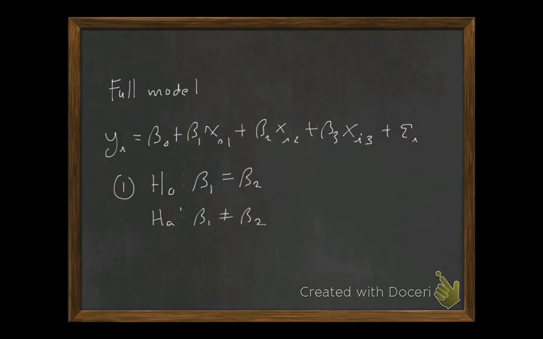The way that we would carry this out is we would let beta c be the common beta, if you will. So in essence, beta 1 equals beta 2, which equals beta c. It's the value that these two things are equal to.